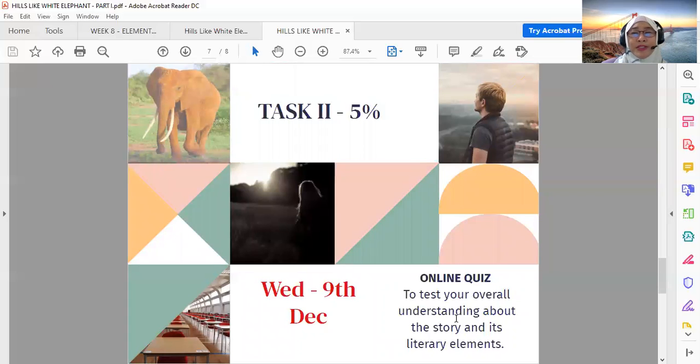Roughly, the online quiz could have about 10 to 15 questions pertaining to the short story. The questions could test your comprehension of the short story and the literary devices that exist in it. So you need to read and be prepared for the quiz tomorrow. That quiz alone carries another 5% of your overall carry mark for this particular unit.